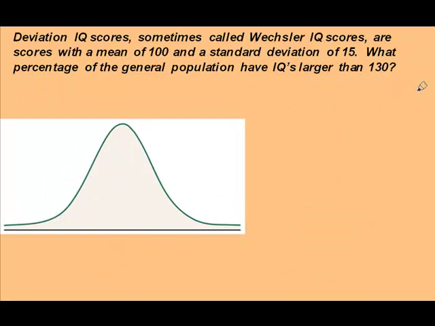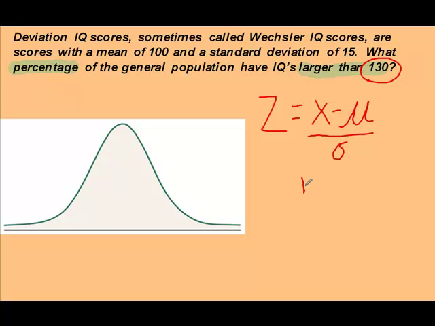Here's a problem that's almost identical, except we're looking for values above 130. The problem is still asking for a percentage. How do you get a percentage? Yes, my friends, a z-score. And the formula is still the same. So, what's x? It's 130. That's the value we want to know about.